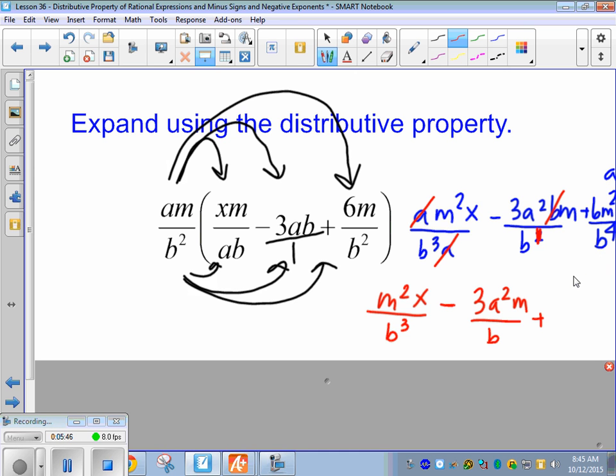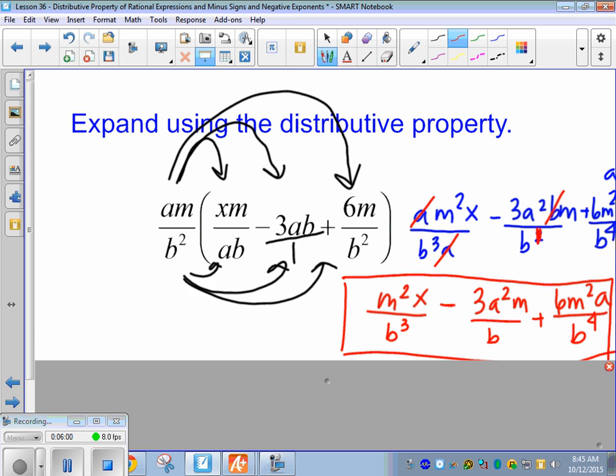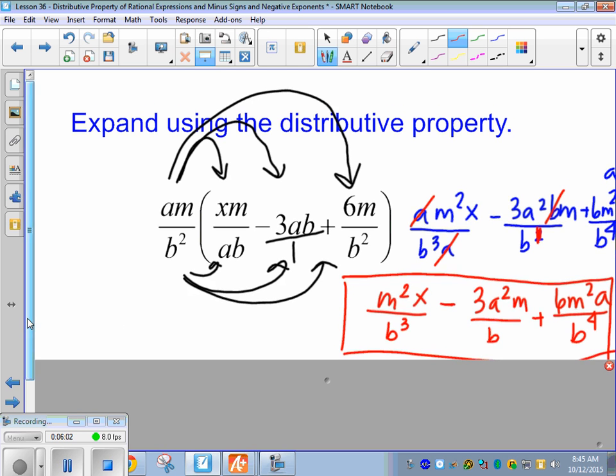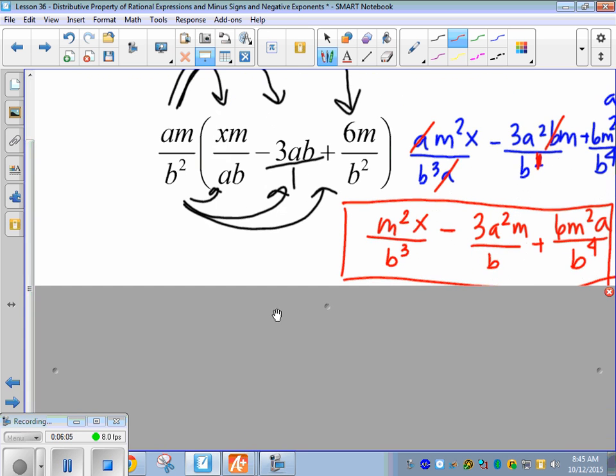Yeah, Isaac? Nothing. Yeah. 6m squared a over b to the fourth. We don't have anything that's the same in the top and the bottom. So this is our final answer. So Julia wasn't necessarily wrong. It just needed to be simplified further.